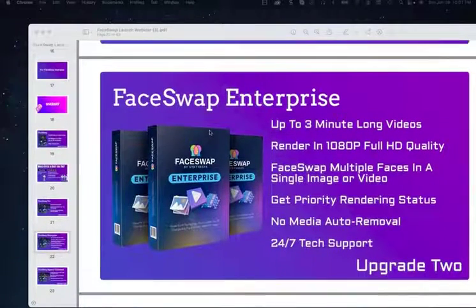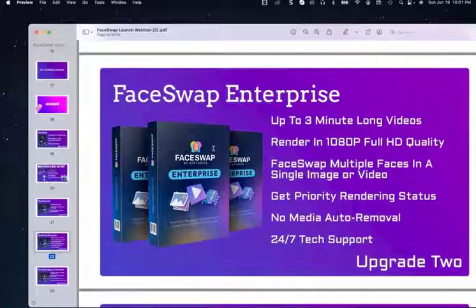FaceSwap Enterprise: up to 3-minute long videos, not 30 seconds. Render in up to 1080p. Full HD quality, if your original is full HD quality. And we're increasing the quality of the face beyond what you already put in there, because that's part of the AI, since the images we're putting in there are very high quality.